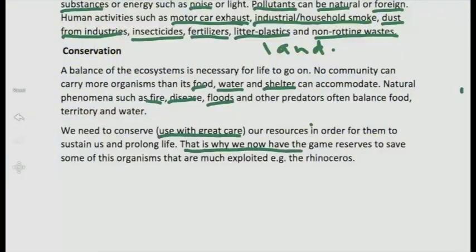That is why now we have game reserves. When we talk of conserving, some animals and plants are so useful to us, but the way we use them without conserving, we can soon run out of them. Then that is becoming a problem. So that is why the governments of these different nations have game reserves.